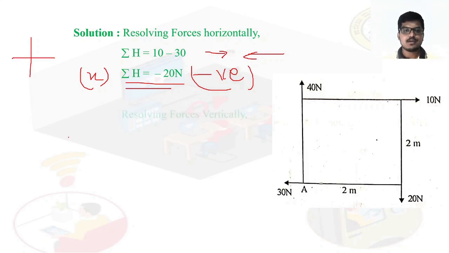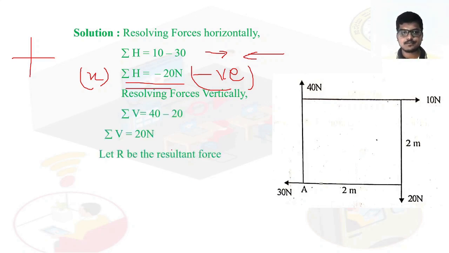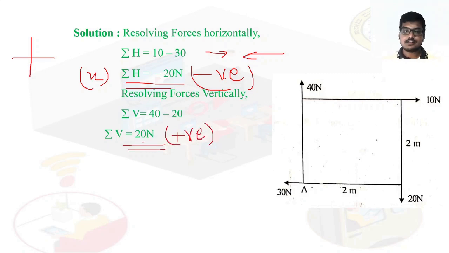Now resolving force vertically. So what are the vertical forces? 40 Newton, yes, and 20 Newton. So 40 minus 20 is the vertical forces. That is sigma V is equal to 40 minus 20, that is sigma V is 20 Newton. So sigma V is positive. Here the negative sign is very important when we consider non-concurrent force system.